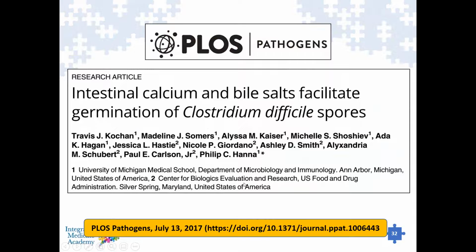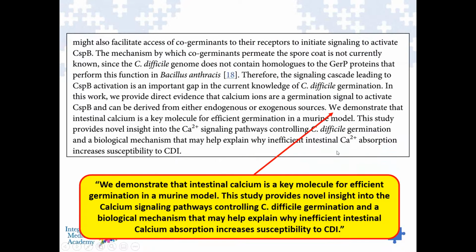Intestinal calcium and bile salts appear to be a trigger for Clostridium difficile germination, which likely then extends to other Clostridia as well. This particular research paper, and there's many others, is showing that intestinal calcium is a key molecule for initiating germination of Clostridia spores.